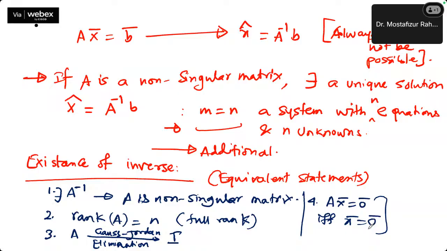So basically, A has to be a full rank matrix, or there is a direct inversion calculation, or I should be able to compute an identity matrix using the Gauss-Jordan method, or there are n independent columns and n independent rows. There are many equivalent statements, but these four are a summary of those equivalent statements.